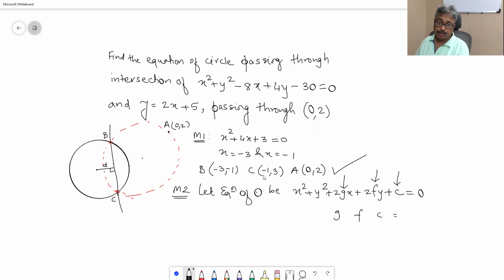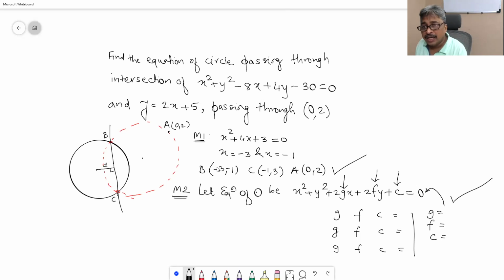If you put (−1, 3) in this equation, you will get another equation in g, f, c. If you put (−3, −1), you will get one more equation. So with 3 unknowns and 3 equations, we solve and get the values of g, f and c. If we put these values back into this equation, we are done with the equation of the circle.